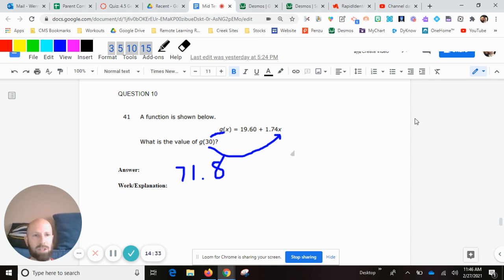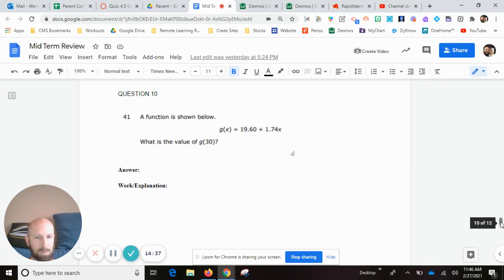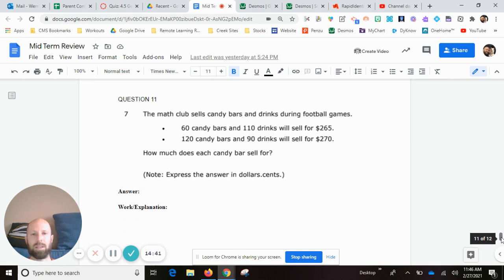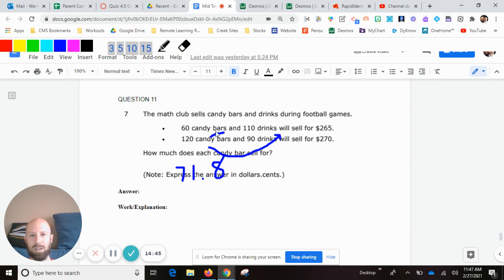Let's go to question 11. Math Club is selling candy bars. Sounds delicious. And drinks. During a football game, 60 candy bars and 110 drinks will sell for $265. 120 candy bars and 90 drinks will sell for $270. How much does each candy bar sell for?